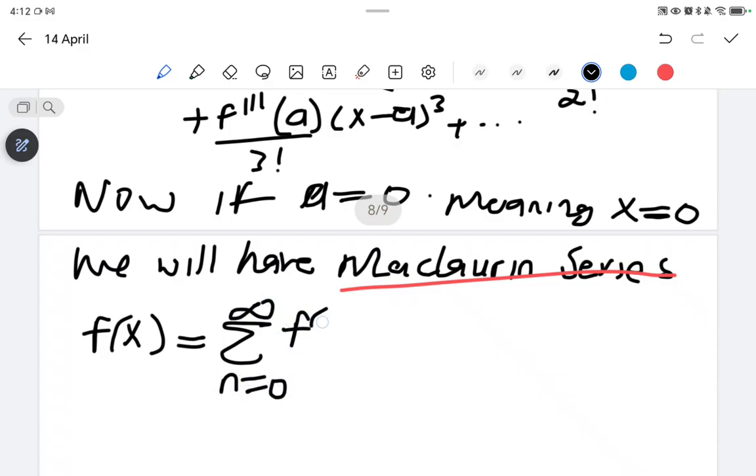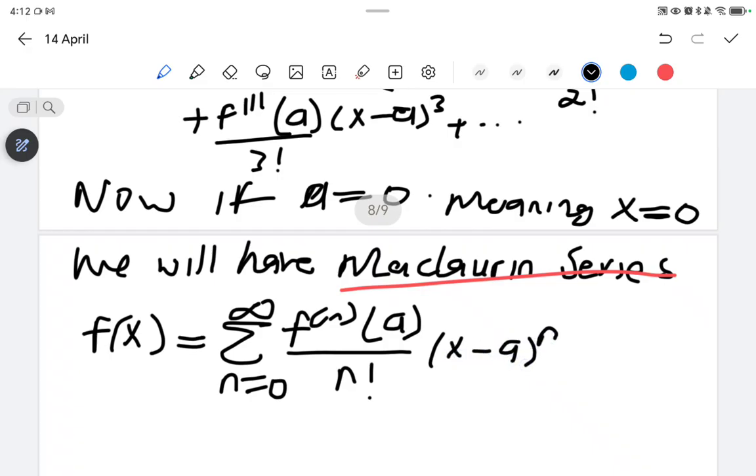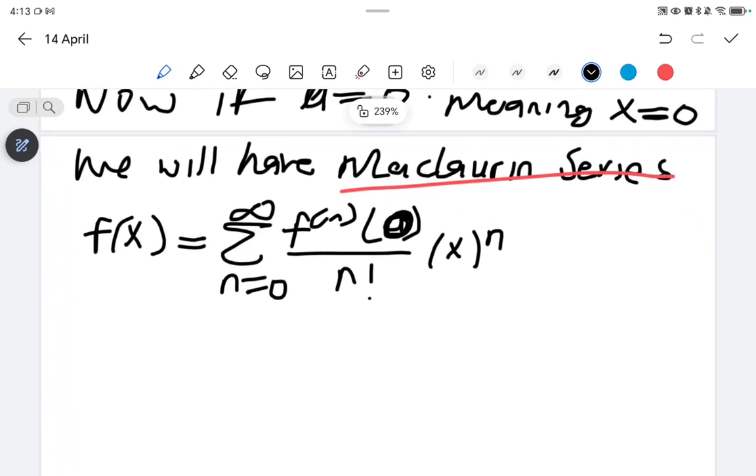Remember, for the Taylor series, we had f to the n of a over n factorial times x minus a to the n. So if a is 0, this a will become 0 here and this will be the Maclaurin series.